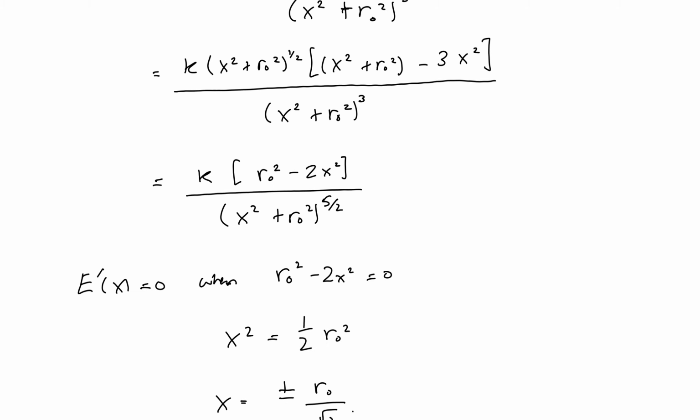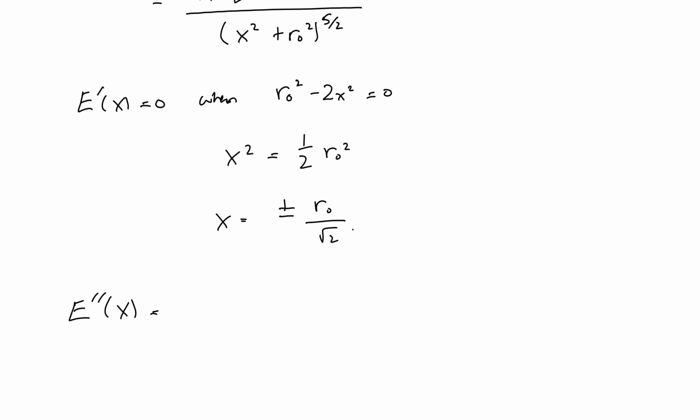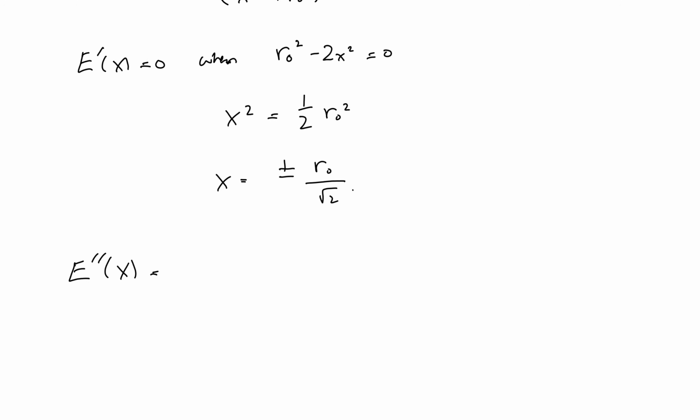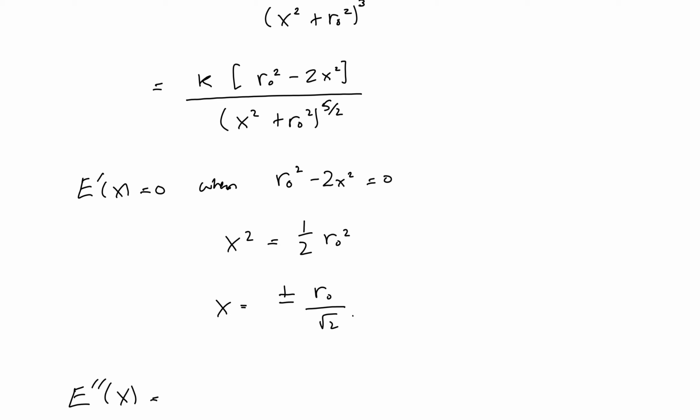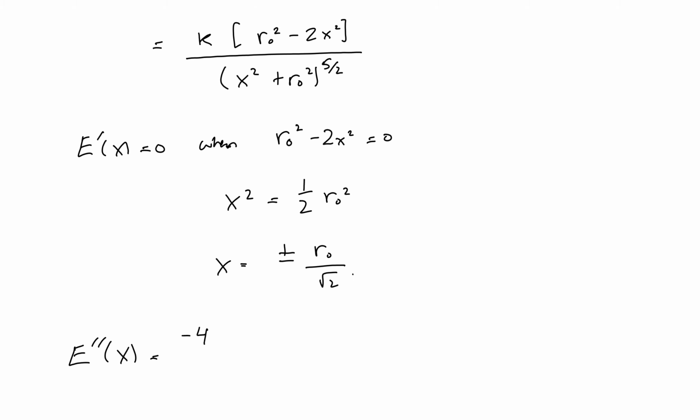If we use this last form here for the derivative, we can use the quotient rule again. So the derivative of the top is going to be minus 4xk times the bottom, minus the top times the derivative of the bottom.